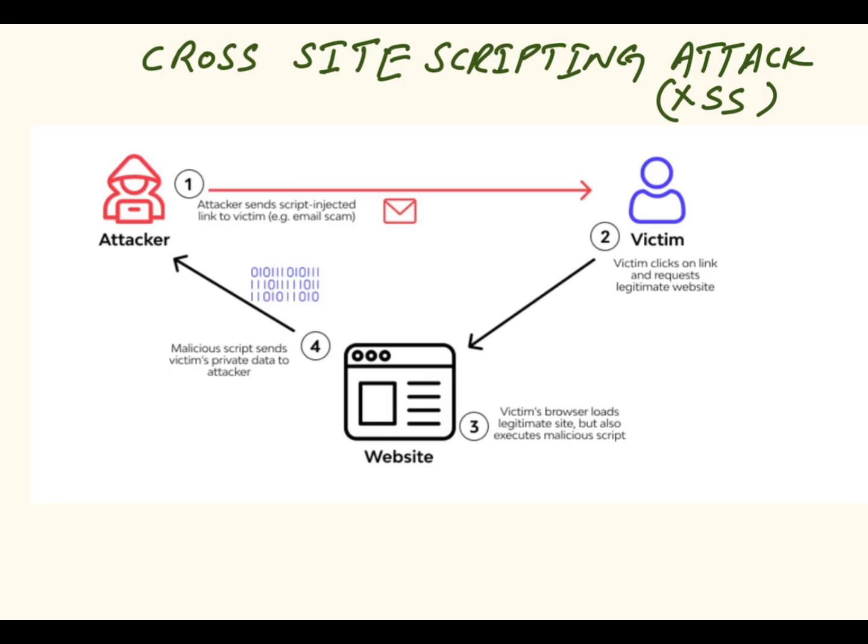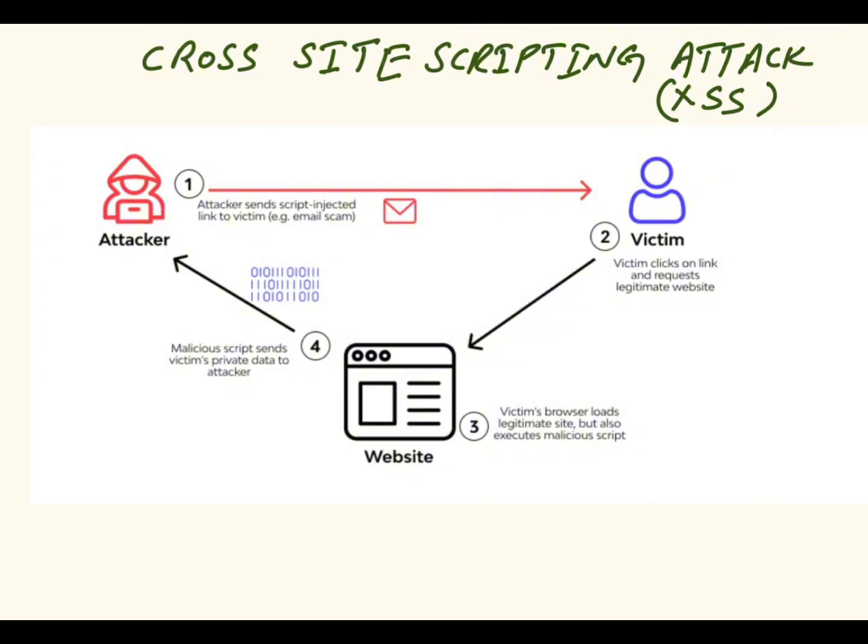When the victim or user tries to access that bank server, if the attacker has already kept a malicious script or malicious link on the bank web server, as soon as the victim accesses that bank website, the malicious script will be executed on the victim's browser. That could be one scenario.